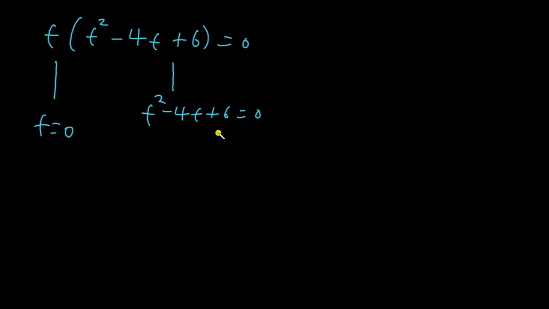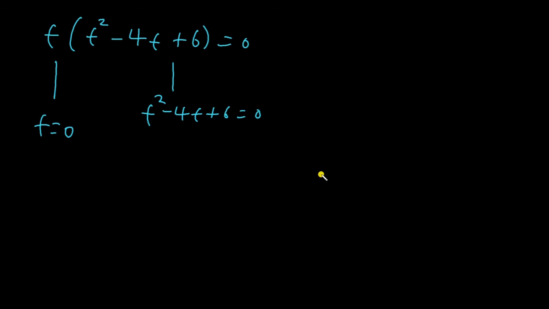So how do we solve this? Well, you can try doing normal factoring, but that's not going to work out. So we have to rely on our old friend, the quadratic formula, or completing the square if that's your thing. Okay, so remember, quadratic formula, we have a is the constant here, b is the constant here, c is the constant here: 1, negative 4, 6. We'll plug that into our quadratic formula that we remember from the song.